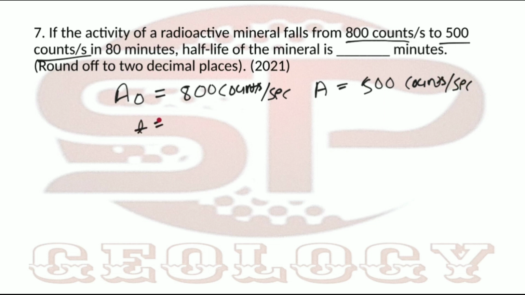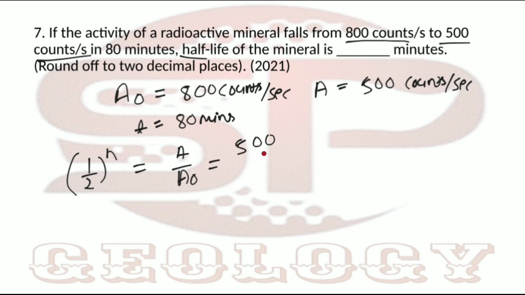So T is given 80 minutes. You have to calculate the half-life of the mineral. So we can calculate by using this formula. Half to the power n is equal to A by A0. So A by A0 will be 500 by 800.